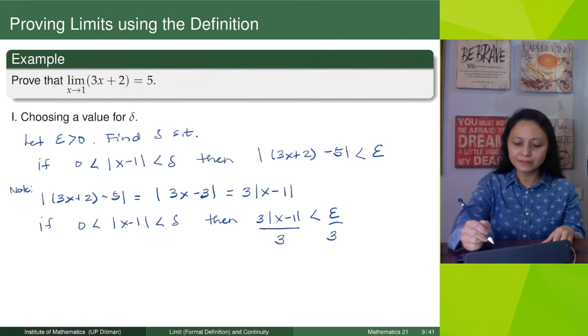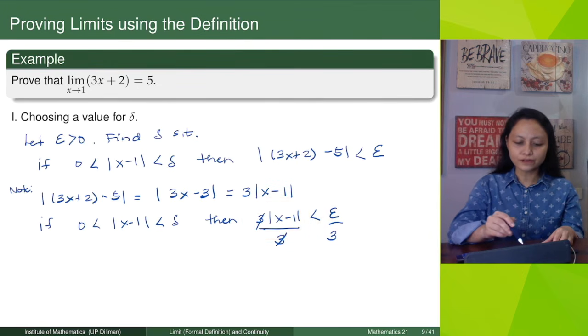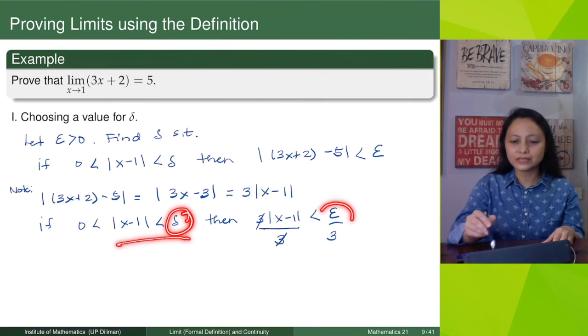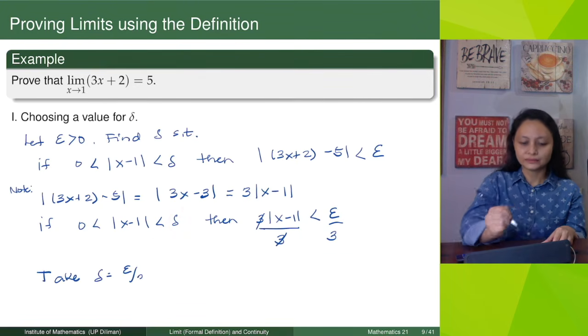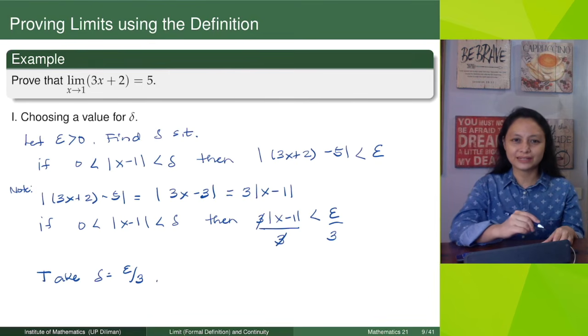We still have the same inequality. Okay, so what do we have? This says that the absolute value of x minus 1 is less than epsilon over 3. Therefore, comparing it with this inequality, we can take delta to be equal to epsilon over 3.